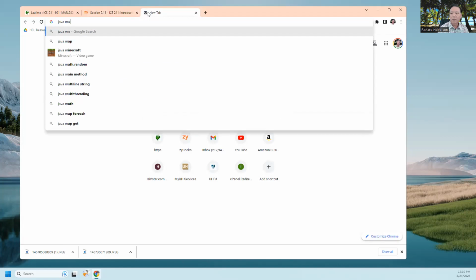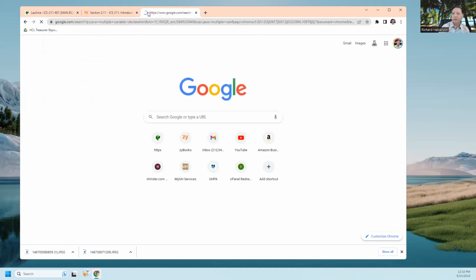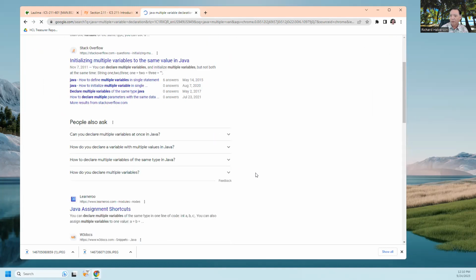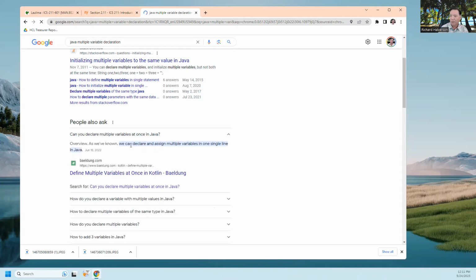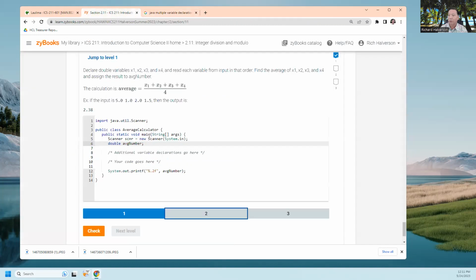Multiple variable declaration. We can declare and assign multiple variables on one single line. Ooh, can even do that. All right, I'm going to do it that way.